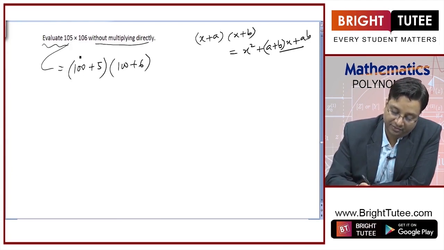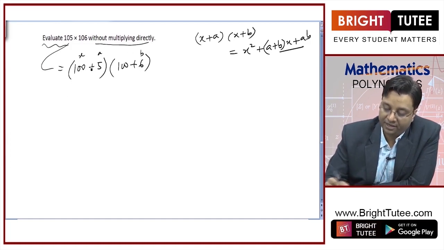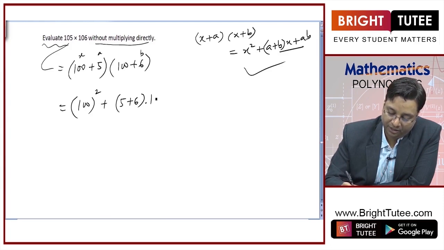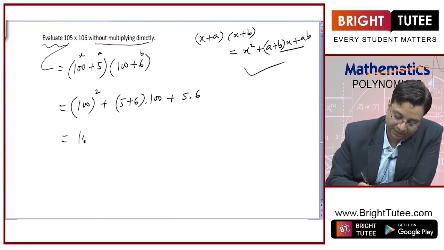So x here will be 100 and this will be a, this will be b. I am using this identity here. So it will be 100 squared plus (5 + 6) into 100 plus 5 into 6, that is, this is 10,000.